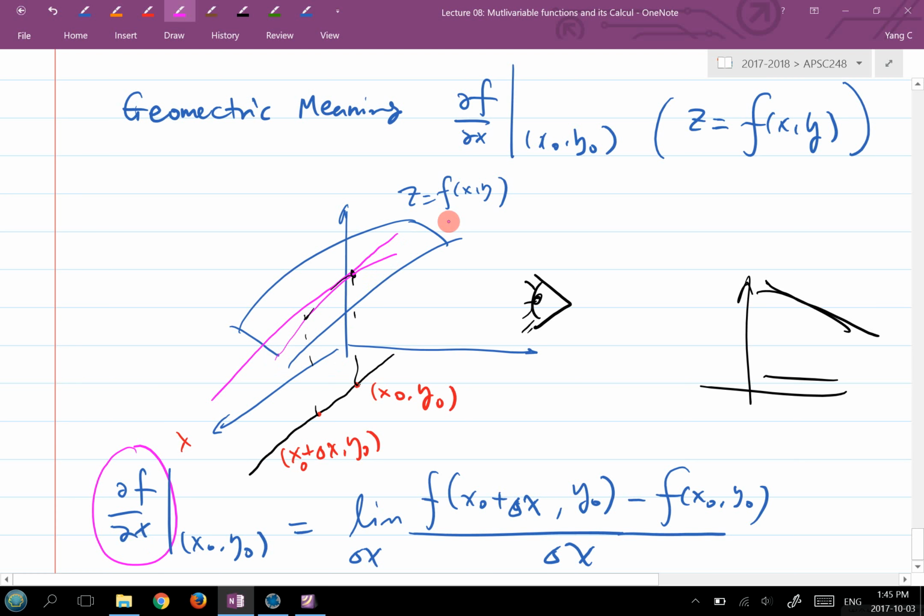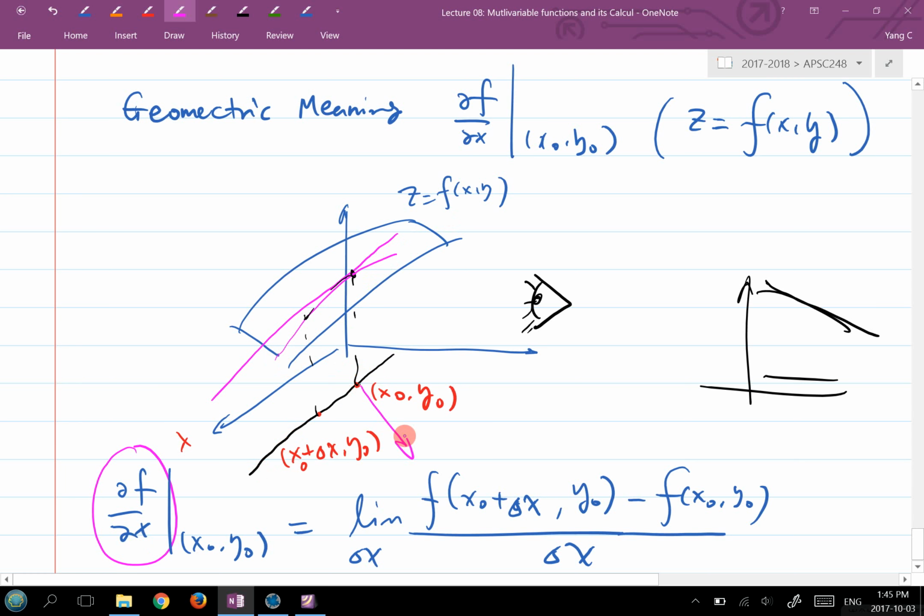So what I'm saying here is it's a slope as you go along the direction of the x-axis. Remember I said direction now matters. In the near future, actually 2 weeks from now, if I go in this direction, then I will get a different slope. That's what I will call the directional derivative.